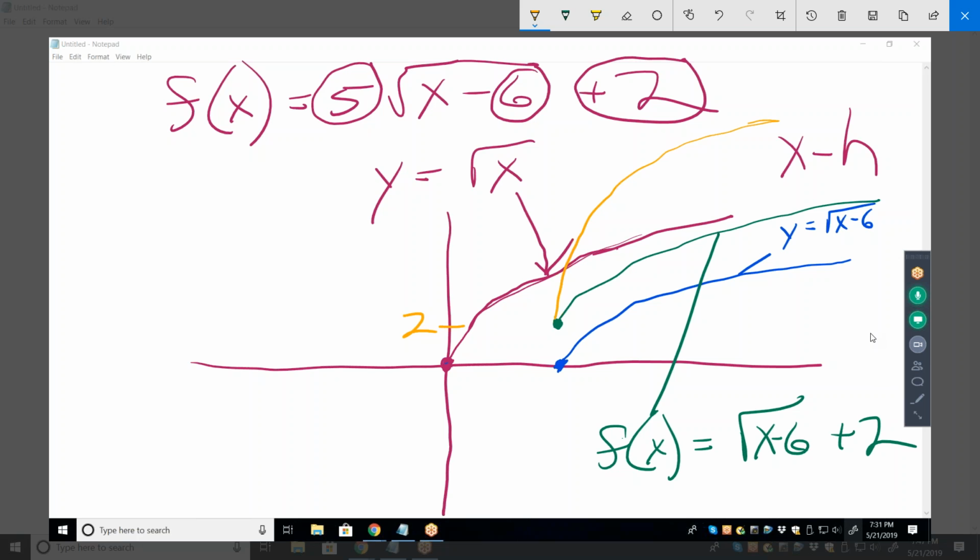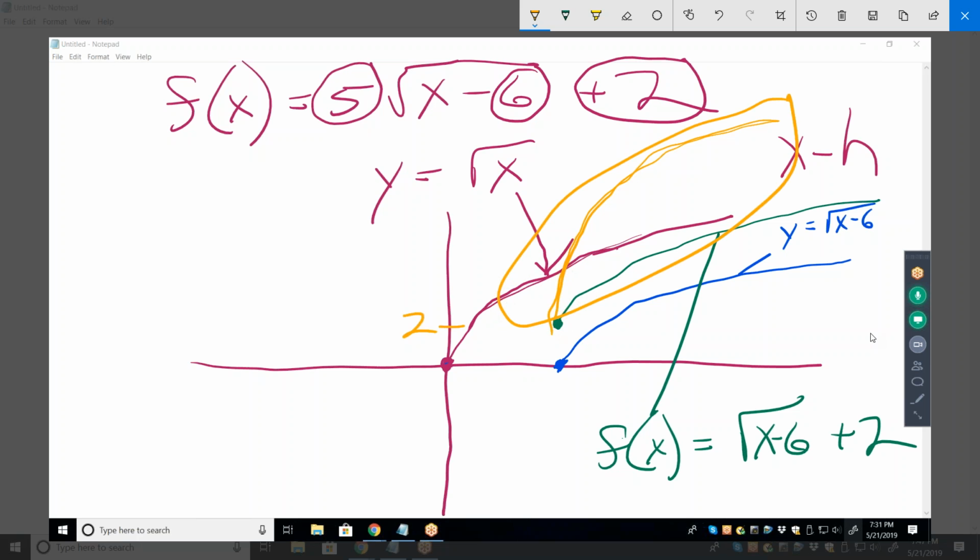So it changes the shape, becomes steeper. Whereas the blue and the green and the red were a little flatter. So this has been stretched upwards vertically. And that's the final answer for all 3 of these transformations.